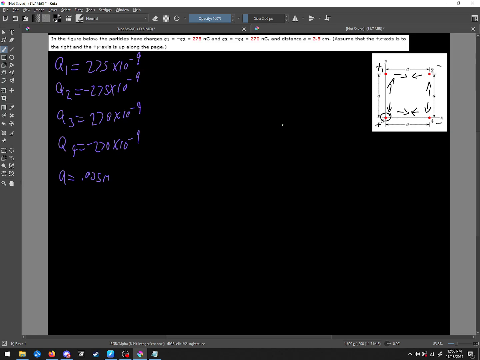What we now have here is we are just going to look at everything that's happening here. So we're finding that on 3, this one here that we're looking at, it's going to be repelled by 1. Okay, so it's going to be pushed away. For 4, it's going to be attracted, so it's going to be pulled.